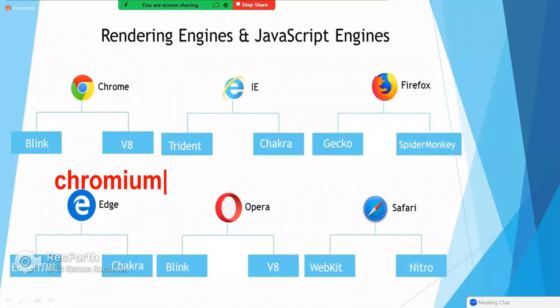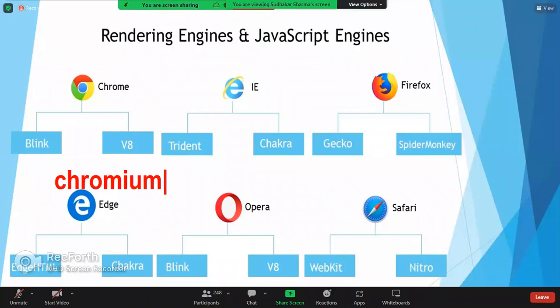I hope as a web developer, you know what the major issue in web development is: browser compatibility. Every web developer writing HTML, CSS or JavaScript is worried about whether this is going to work on every browser in the same way or not.